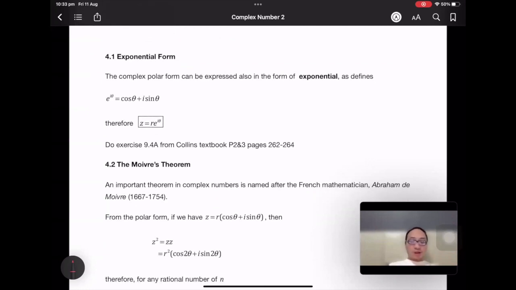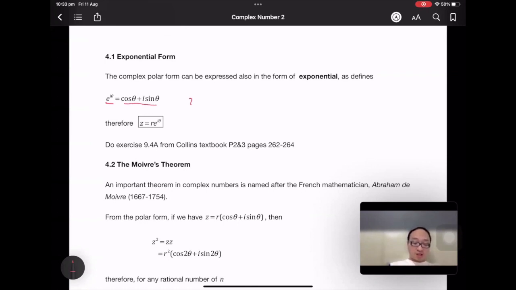And then next is the exponential form. The complex polar form can also be expressed in exponential form using the definition e to the power of i theta is cos theta plus i sin theta.